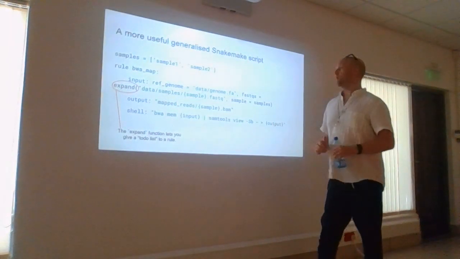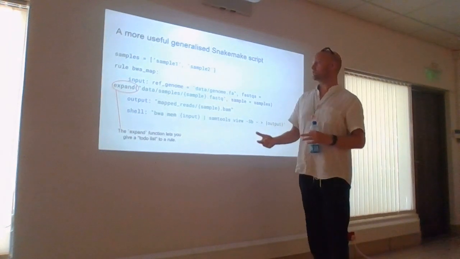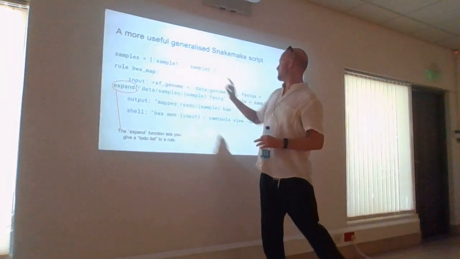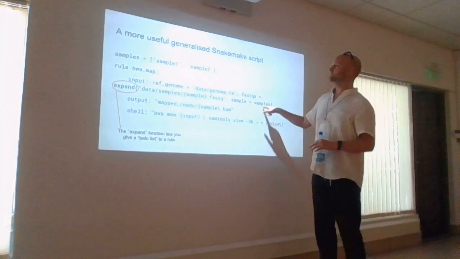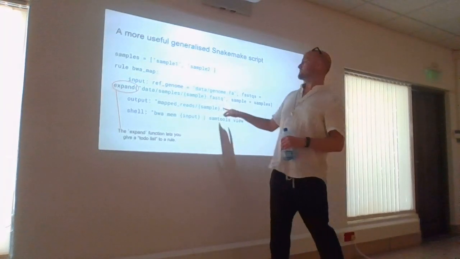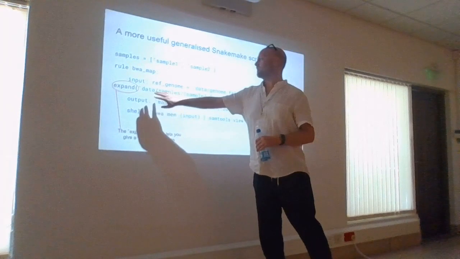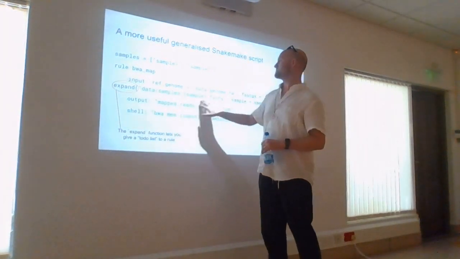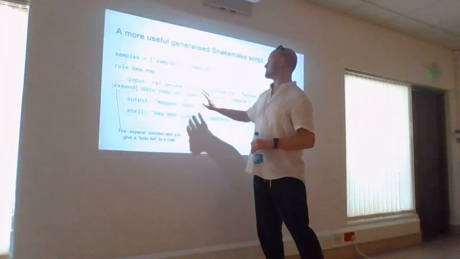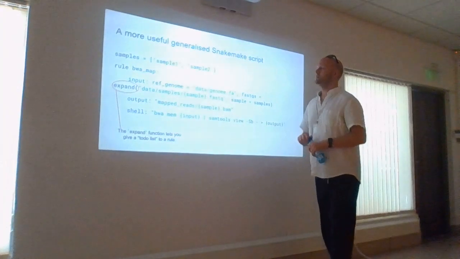All that's going to do is produce 2 strings, because we only have 2 elements in our samples: data/samples/sample1.fastq, and the other one data/samples/sample2.fastq.